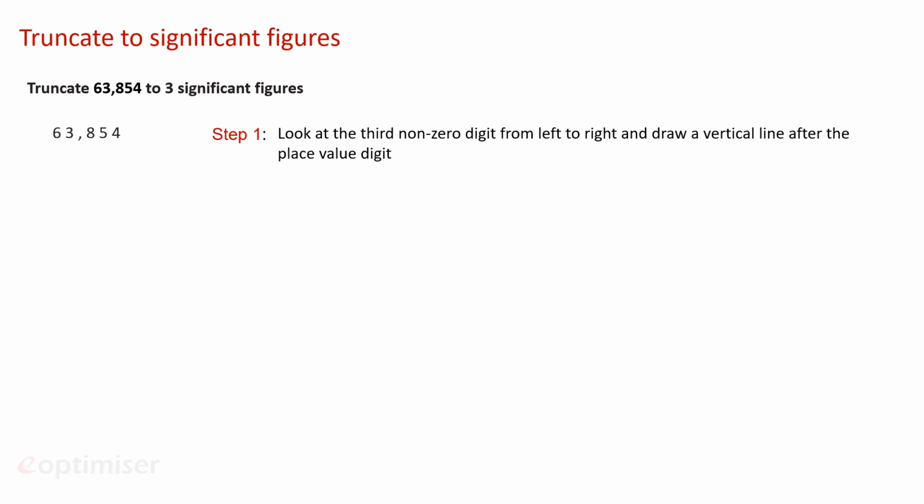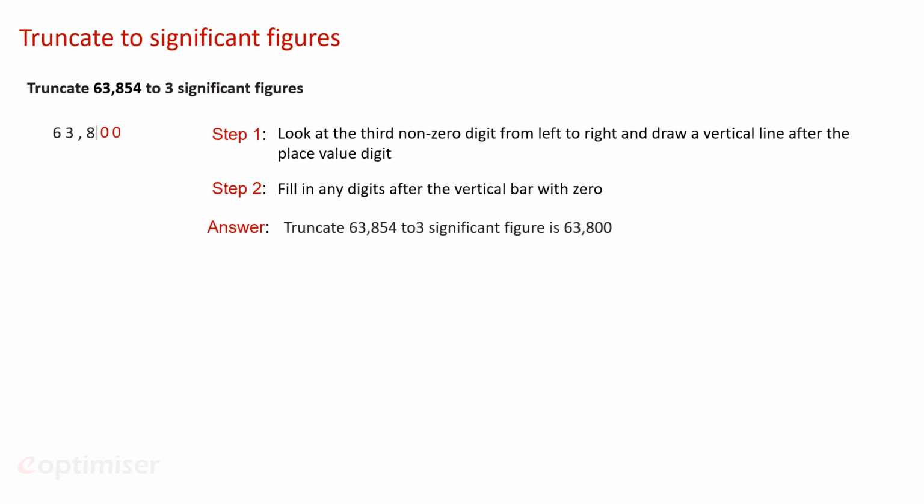So you have to put the vertical line after the 8. Then you have to find any digits after the vertical bar and make them 0. So truncating 63,854 to 3 significant figures, you will get 63,800.